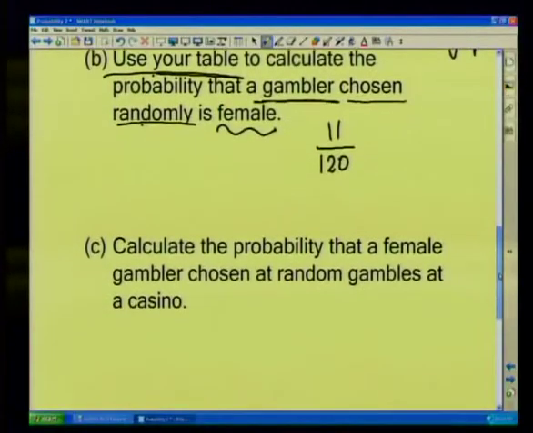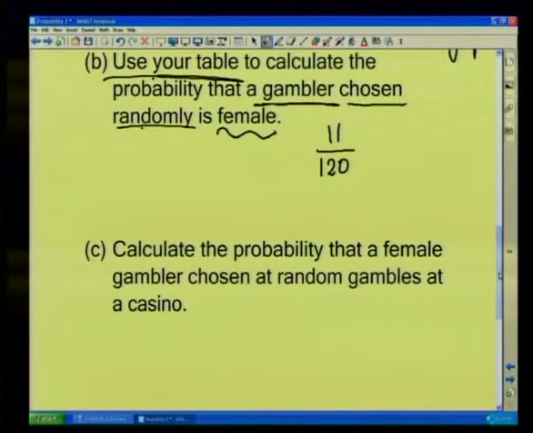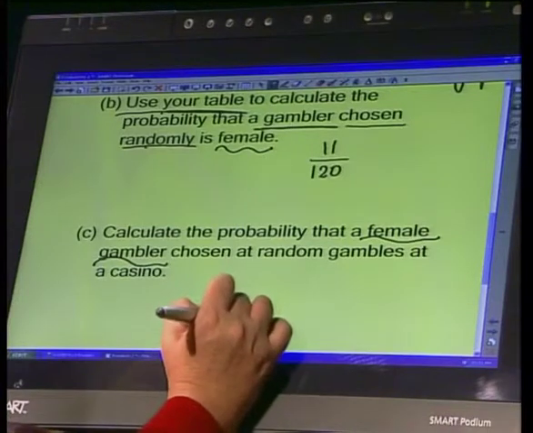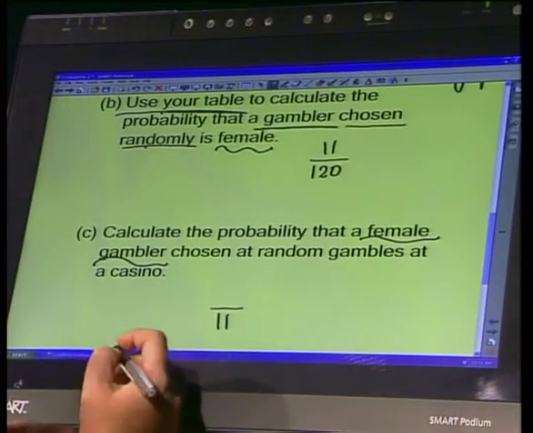It says, calculate the probability that a female gambler, chosen at random, gambles at a casino. Now, this is where they start to try and catch you out. They are talking about only the female gamblers. Now, how many female gamblers did we have? We only had 11. So therefore our denominator has to be 11 because the total number of females is 11.